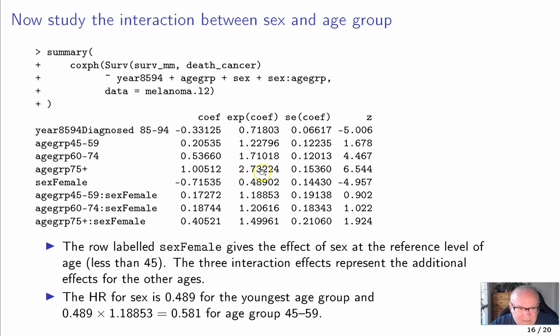So this is our effect of sex for the baseline. These are the additional effects, if you like, in each of the other 3 age groups. So I would have to test jointly, are all of these 3 parameters here equal to 0? So we want to test with 3 degrees of freedom.